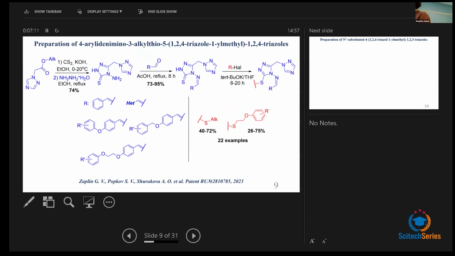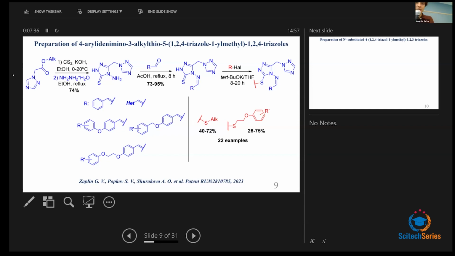Some another interesting class which can be modified by two exocyclic heteroatoms, for example, sulfur atom and nitrogen atom, is triazolopthiones. They can be synthesized from this ester.